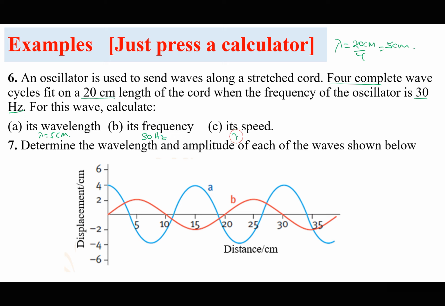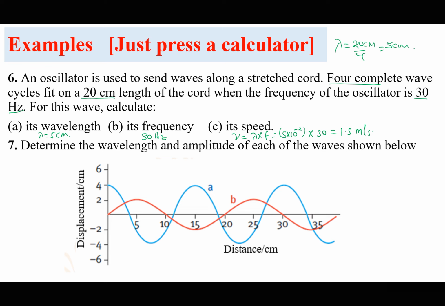Its speed is going to be lambda times f, which is going to be 5 times 10 to the power of minus 2 to change it to meters, then times 30. So 5 times 10 to the minus 2 times 30. So this is 1.5 meters per second.